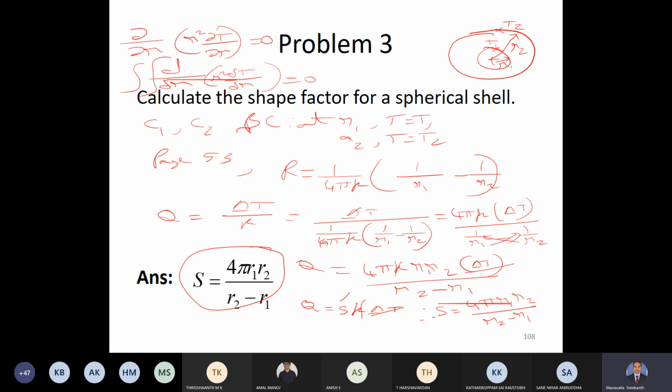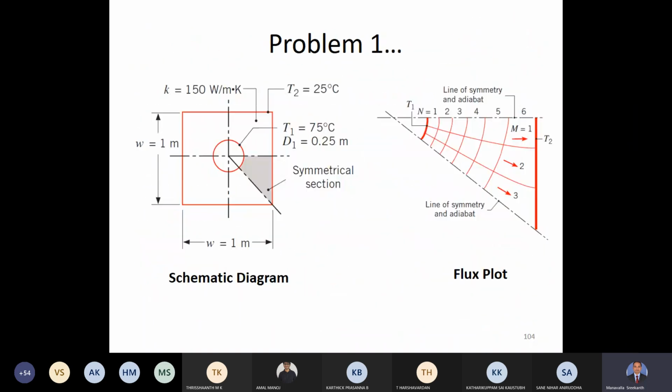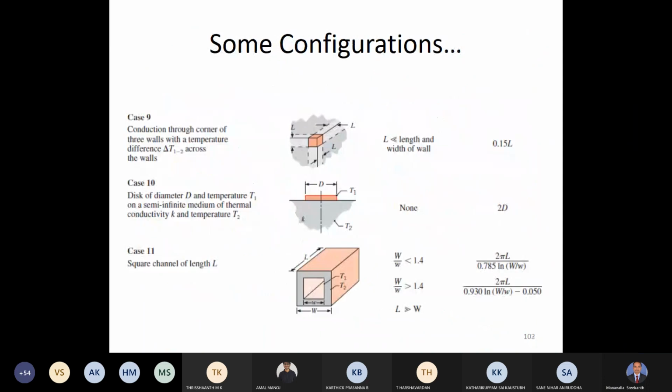So you see here, the analytical values of the shape factors can be derived using the analytical solution of the conduction equation for each and every case. We have seen that there are several cases here. Here you have a square channel, and here you have a different section.